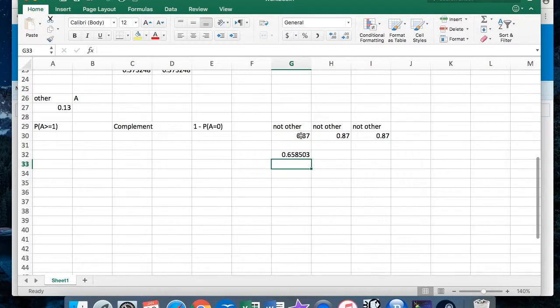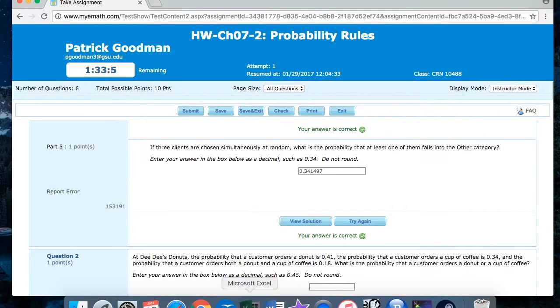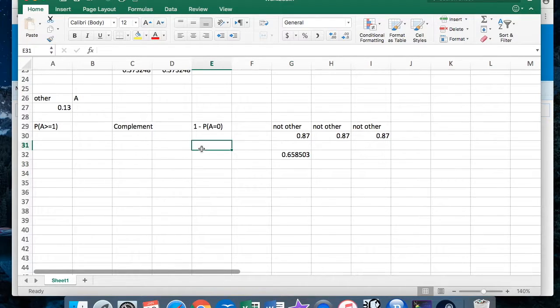This would be you get a not other, and a not other, and a not other. So then the complement of this would just be 1 minus the probability of 3 not others. And then this would be your answer. So 34% would be you get at least one other.